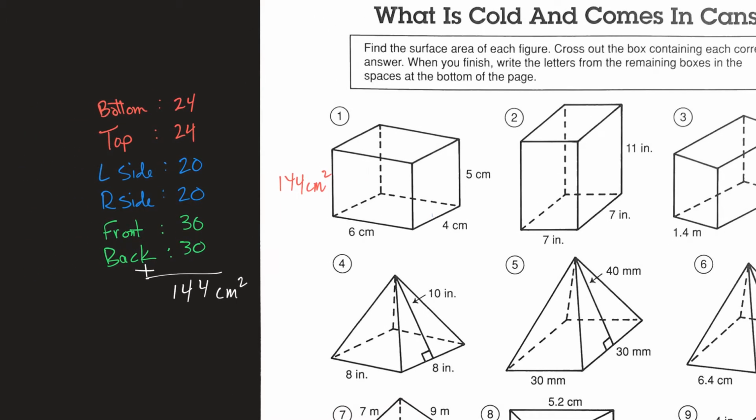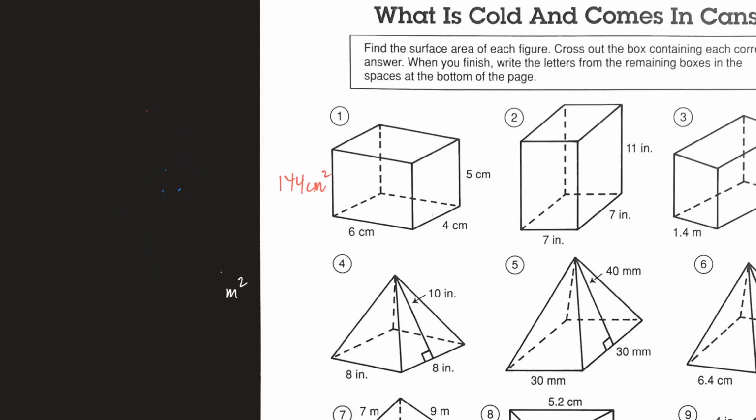So for number 2, once again, I have the bottom, and I had the top. I also had the left side, and the right side. And then I had the front, and I had the back.